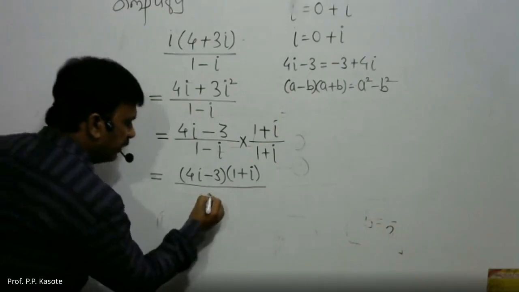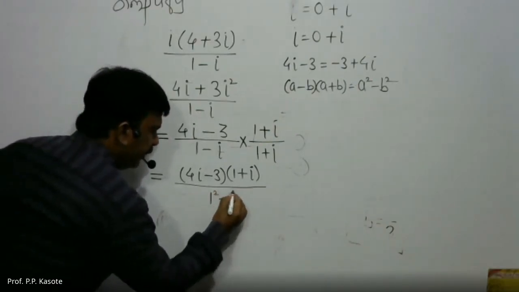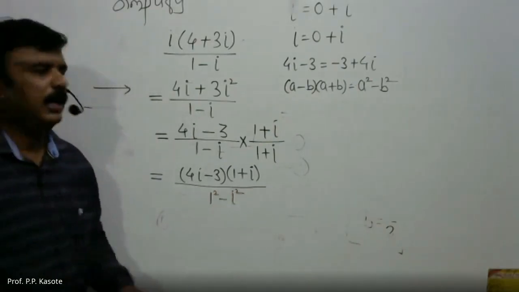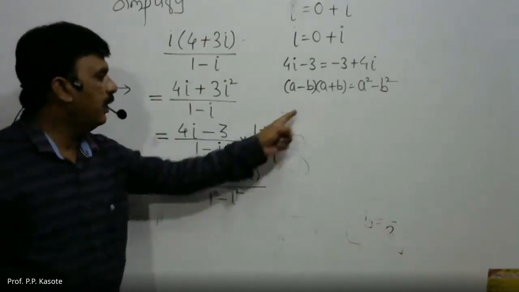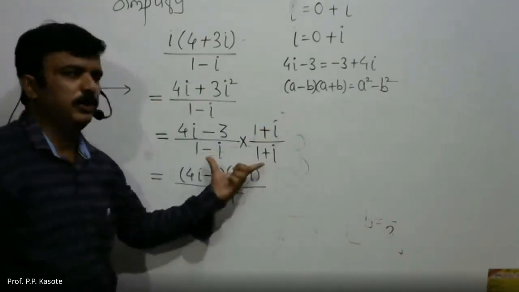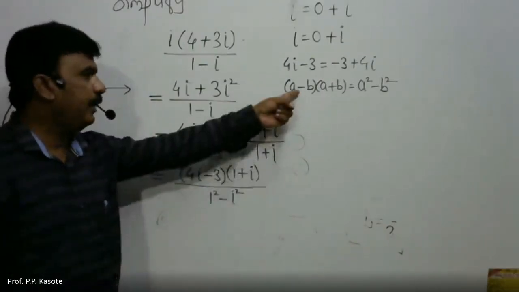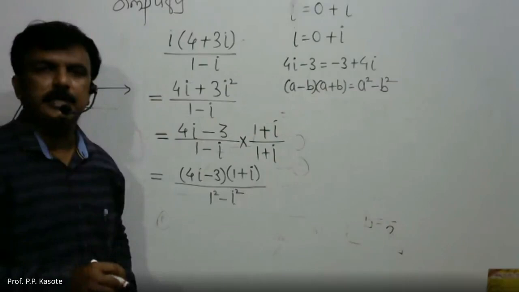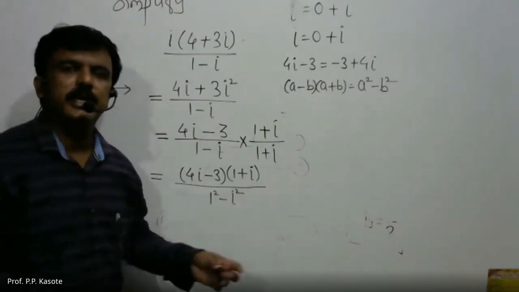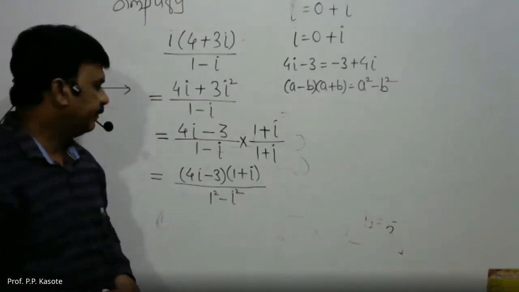Right? So here we'll write 1 square minus i square. ये दोनों डिनोमिनेटर मल्टीप्लाई करने के लिए हम लोगों ने ये फॉर्मूला अप्लाई किया, that is a minus b into a plus b is equal to a square minus b square.